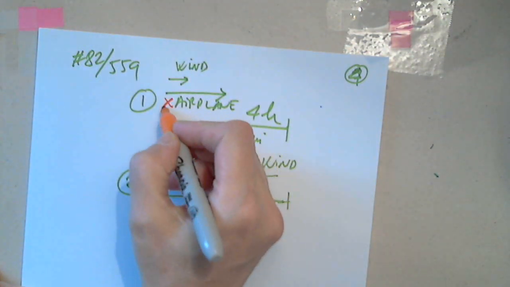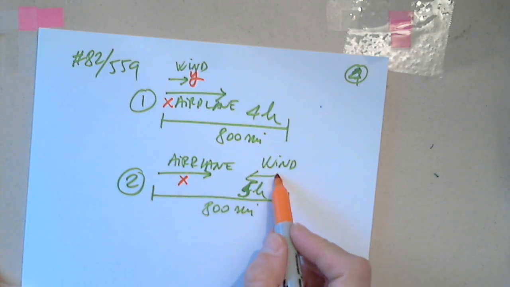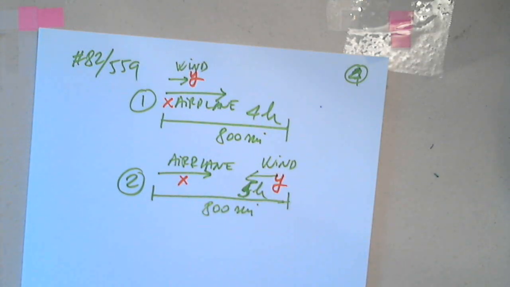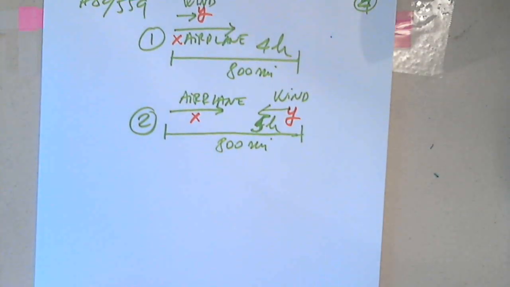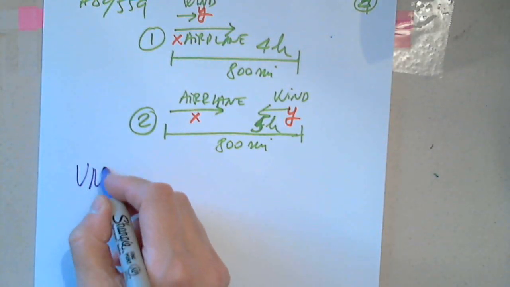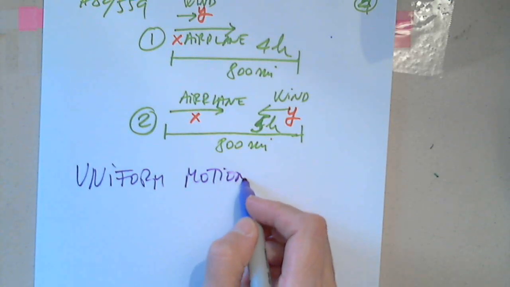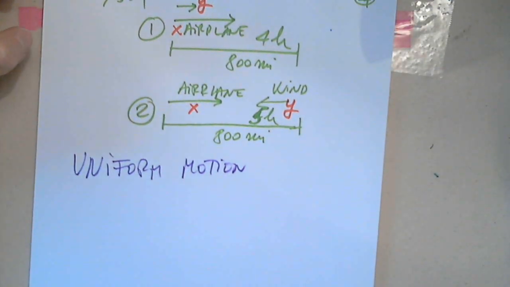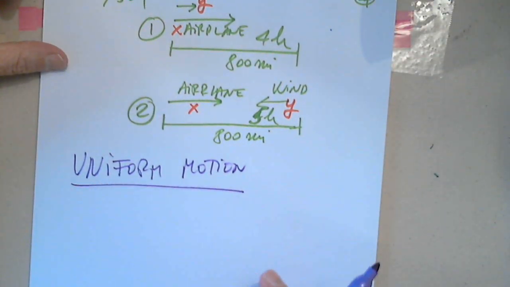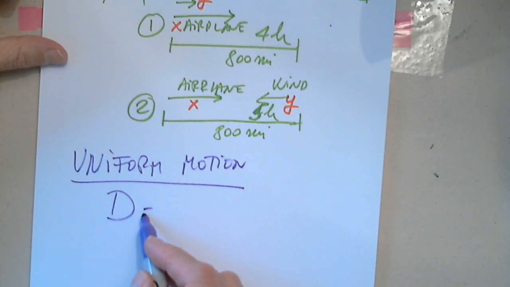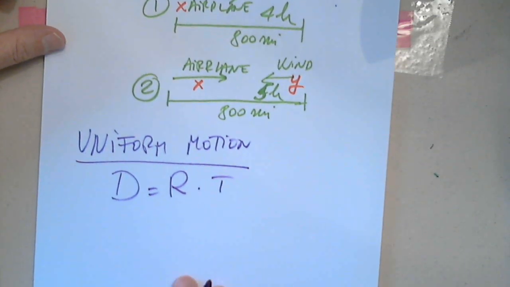I'm going to have to give it some names. I'm going to say this is X and this is Y, and this is X and this is Y. Now we have to remember that we are talking here about uniform motion. The uniform motion relationship is distance equals rate times time.